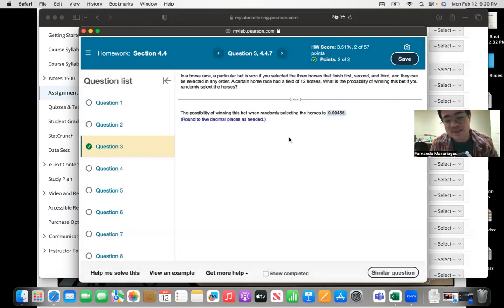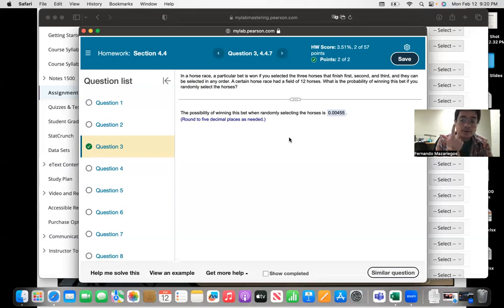Okay. So let's review this since there were a couple of mistakes on the way. First of all, we know that this is a combination. How do we know that? We need two conditions. The first one is that this is without replacement. That is because the same horse cannot finish second and first at the same time.